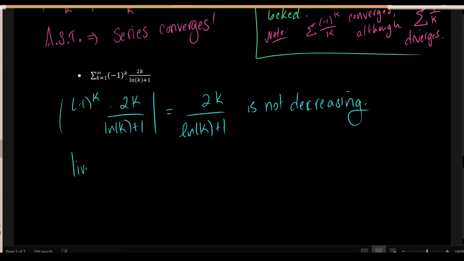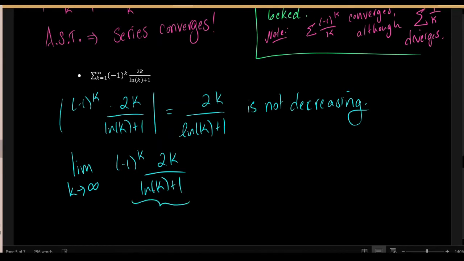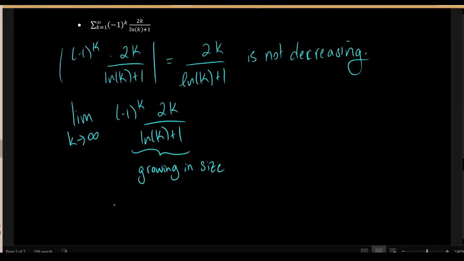If I looked at the limit as k goes to infinity of the original sequence, because this positive part is growing in size, then the sequence in this problem is just flip-flopping between increasingly large positive numbers and increasingly large negative numbers.